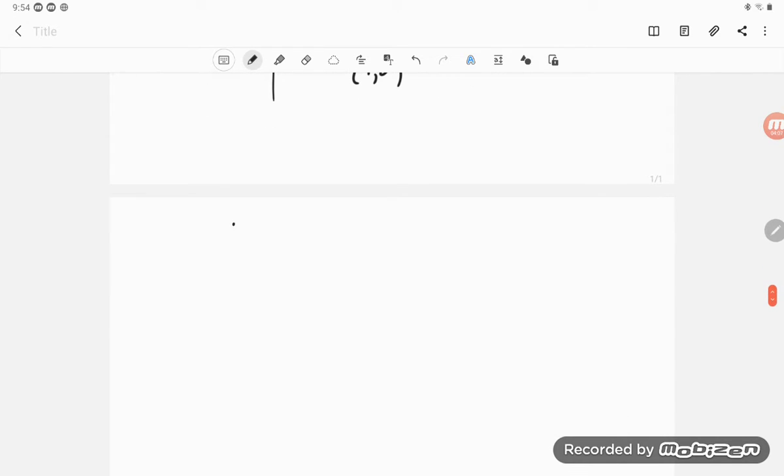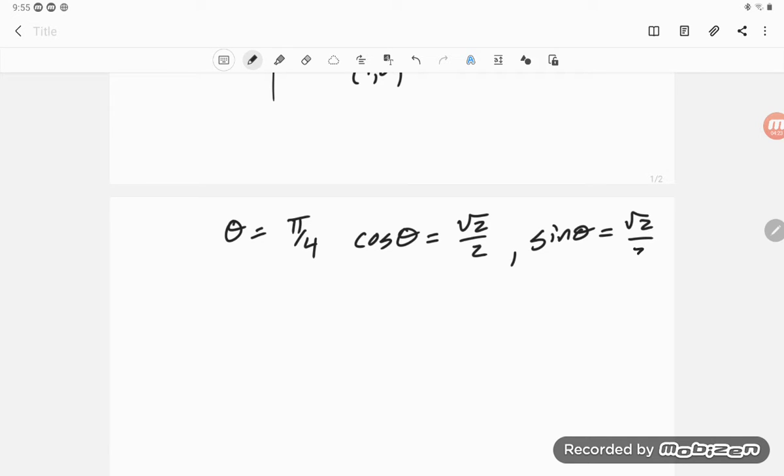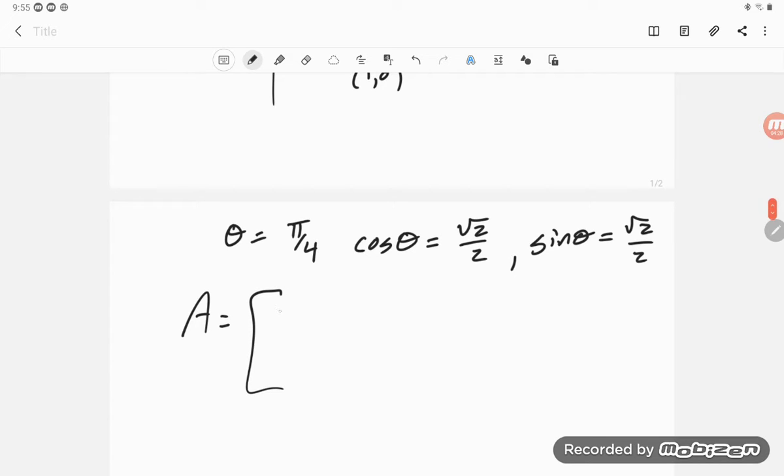Well, okay, so theta equals pi over 4. Then cosine of pi over 4 is the square root of 2 over 2. Sine theta is also the square root of 2 over 2. And so our matrix A is the matrix with entries square root of 2 over 2, minus square root of 2 over 2, square root of 2 over 2, and square root of 2 over 2.